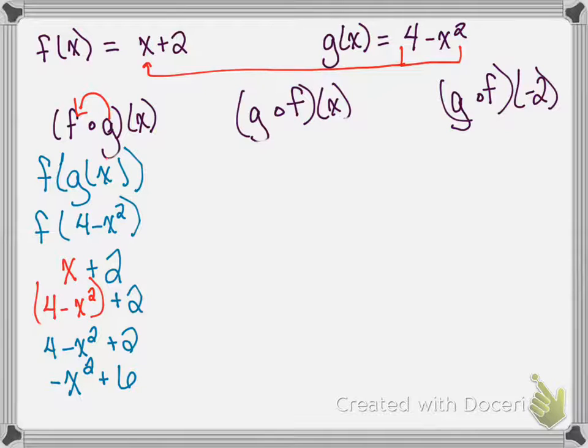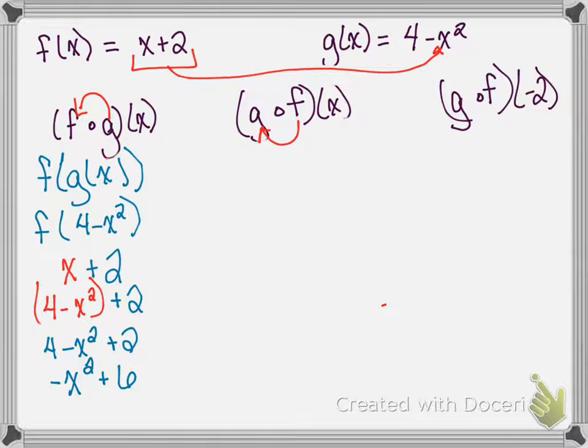Here we're going to do the opposite. I'm going to take f and I'm going to plug it into g. So I am taking this value and I am plugging it in for that x right there. I'm taking x plus 2 and I'm going to plug it in for the x in g of x. Okay?